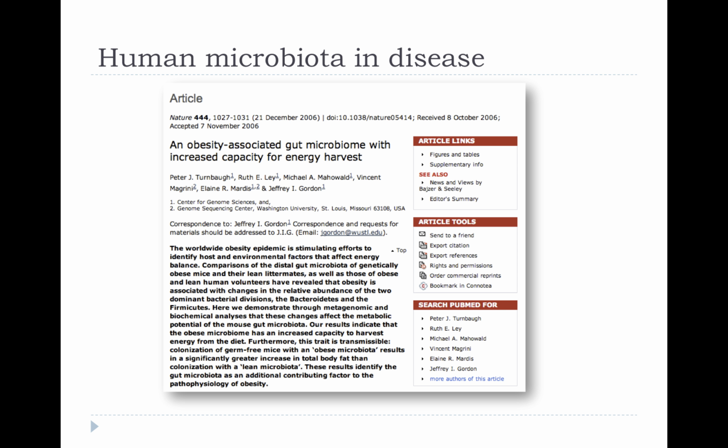So this was one of the key landmark papers that kind of kicked the whole thing off, where they showed that the gut microbiota in mice, was it mice or rats? Yeah, mice, was actually able to influence the weight gain in those mice. So they had mice that were obese, genetically determined to become obese.